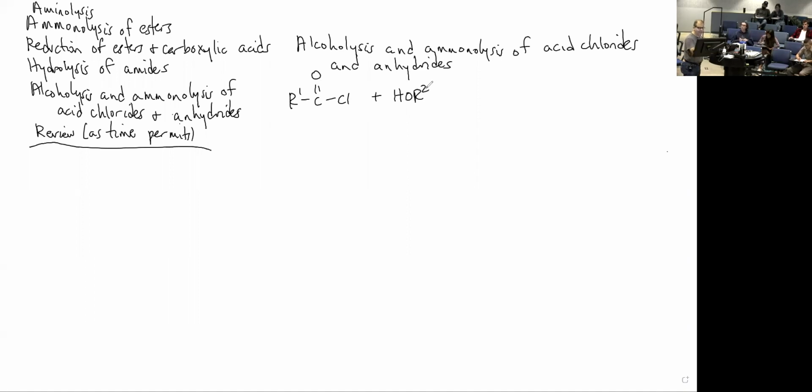Actually, I want to make that another color. I haven't done much with colors today. That will really show off the substitution part of the reaction. And in the end, you will get an ester, plus, I suppose, a molecule of HCl, which we really are much less concerned about.